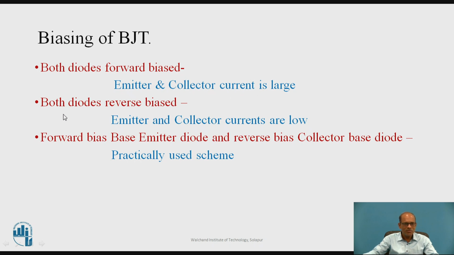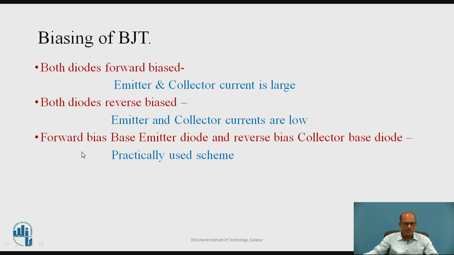Now second possibility is both diodes reverse bias. Now when both diodes are reverse bias, emitter and the collector currents are low, that is leakage current, and therefore the BJT cannot be used in this scheme.